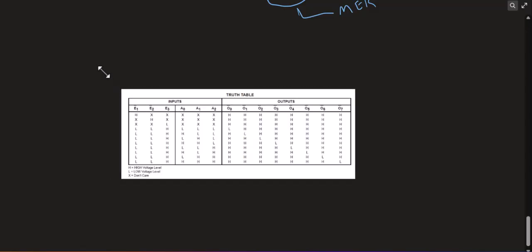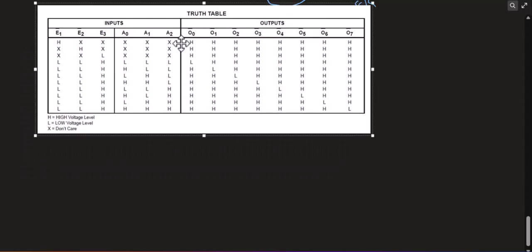Let me first pretend like we had a decoder that had 16 outputs: 4 inputs, 16 outputs.